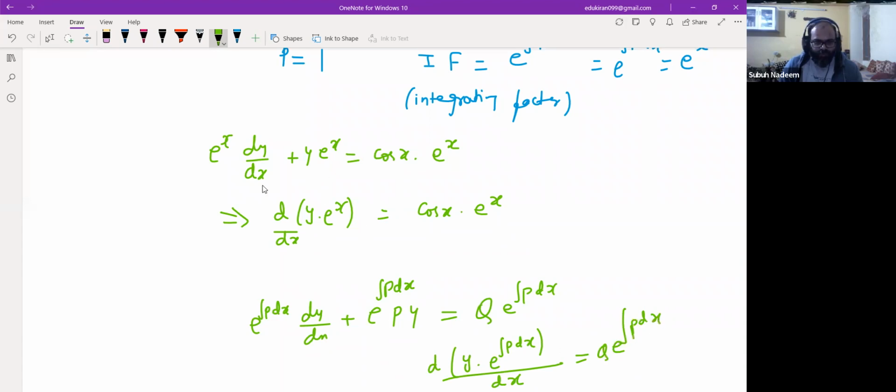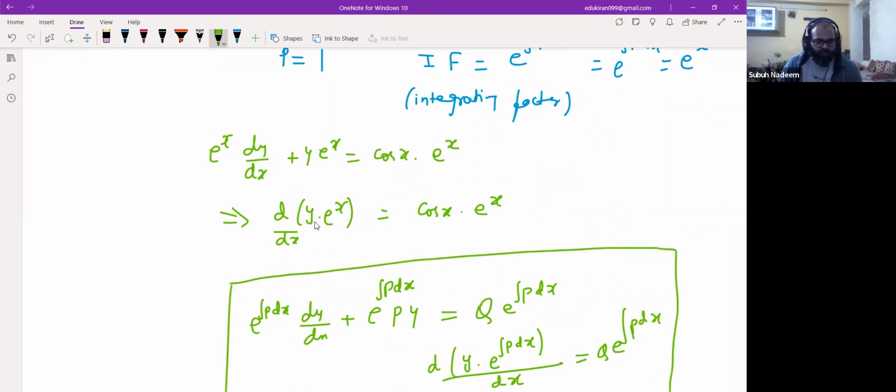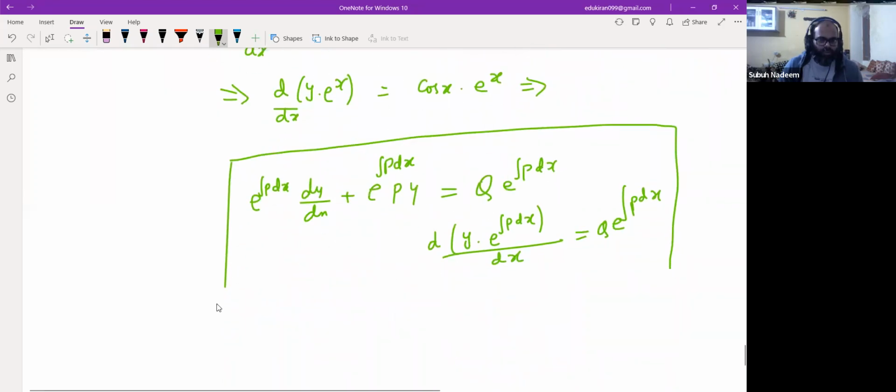So this is a rule, and it can be applicable everywhere. Even if you differentiate, you will get e to the power x dy by dx plus y into e to the power x.